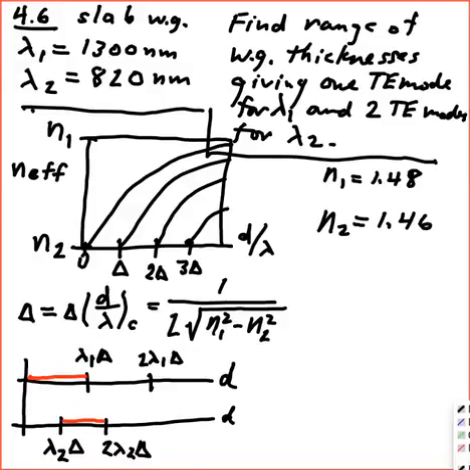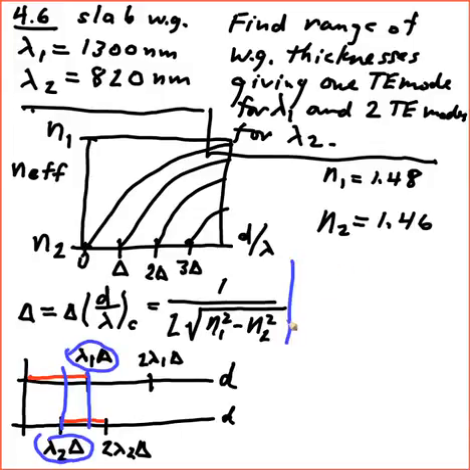So what we're interested in is this range of d values right here, and these two values are simply lambda 2 delta and lambda 1 delta.